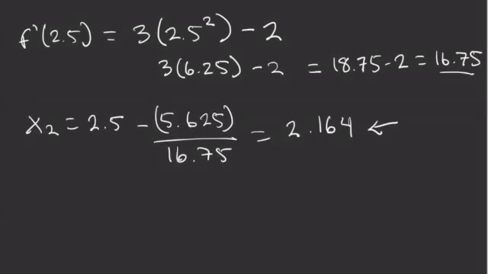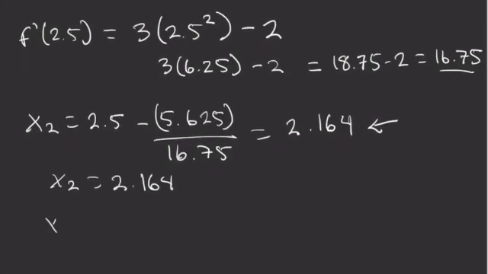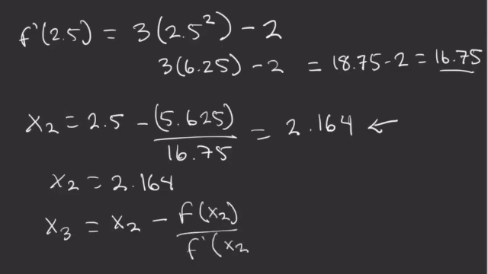So now we use 2.164, and we do this process again for x2. Now we have x2 equals 2.164. So we have x3 equals x2 minus f of x2 over the derivative of x2.